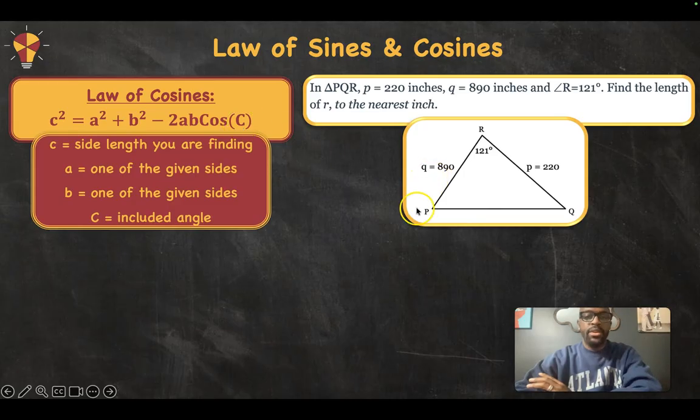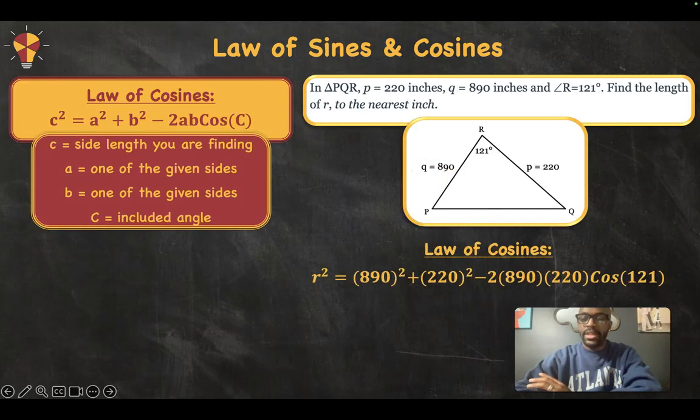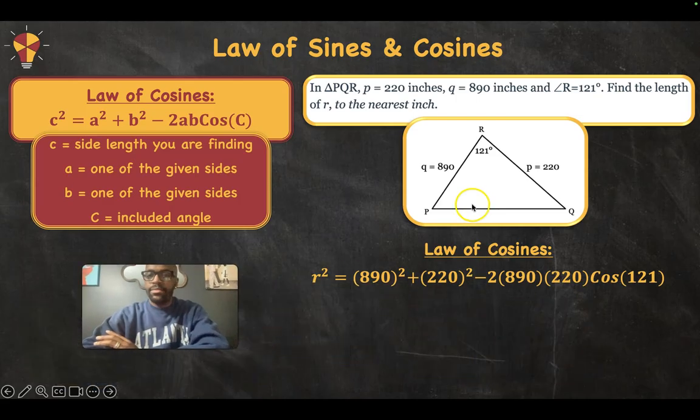When you type this in, it should look like this. You have the two sides that are interchangeable, so you can put 220 here or 890 here, it doesn't matter. And cosine of 121, because that's the angle in between the two sides you're referencing in the equation. You could type this in and get your decimal, but you would not be done here, because this says r squared, or in this situation, c squared.